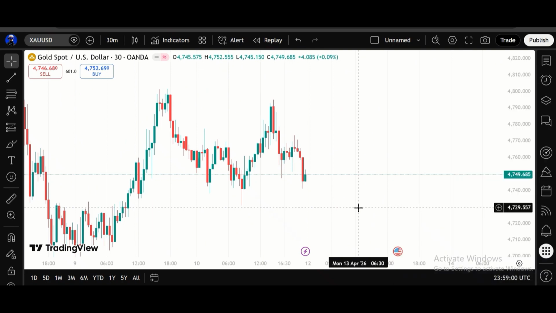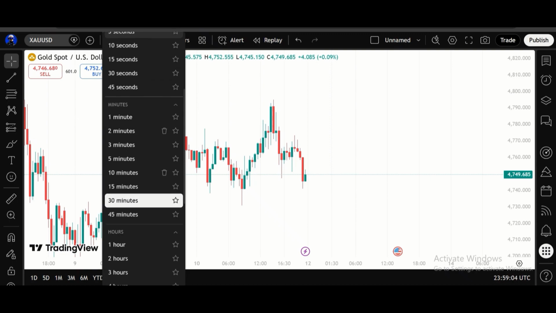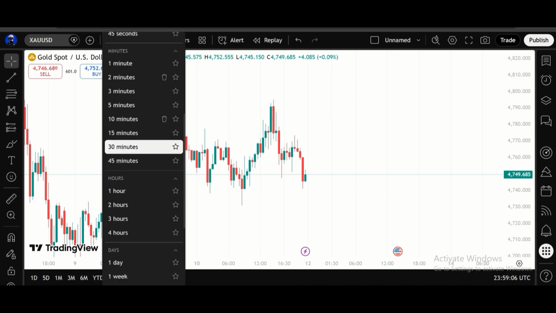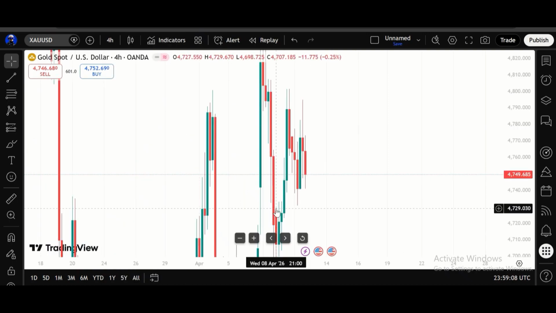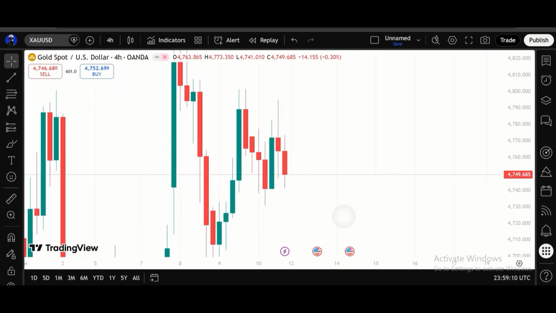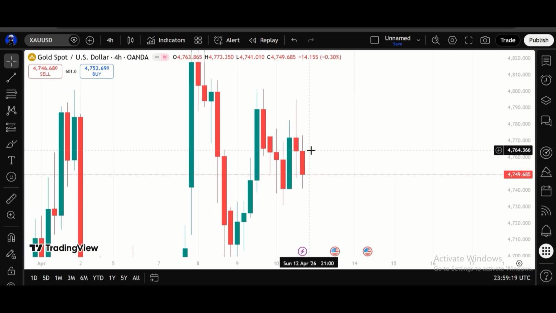Okay. So then let's go back to the 4 hour time frame. Alright, so this is the 4 hour time frame. Now this is what I was trying to explain in the previous video. As at the time of this candlestick in the last 4 hours, it opened here. This candlestick opened at this point.